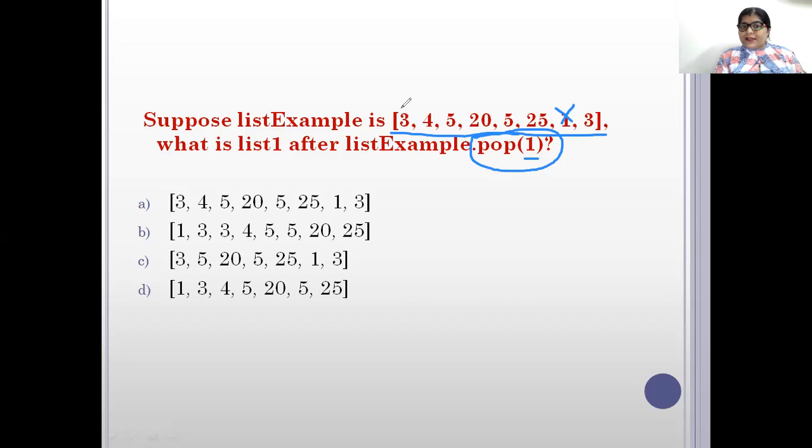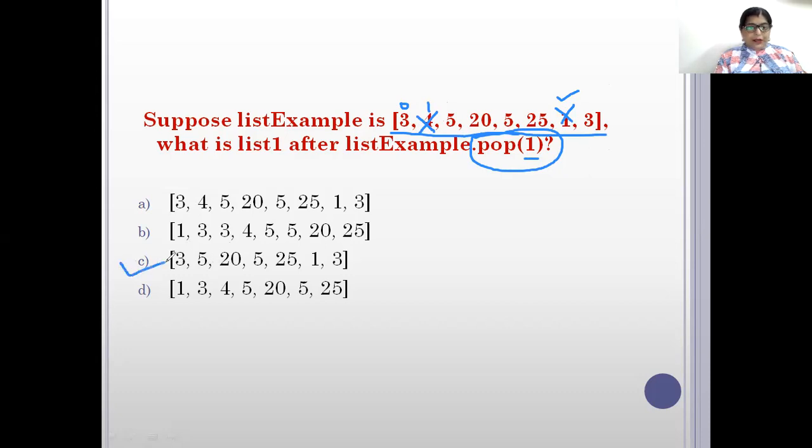So what is at the index? This is at index 0. This is at index 1. So this is being cut out. 1 is not cut out. 1 still remains there. So what will be the answer here? Just check it. 3 always starts and then 5.